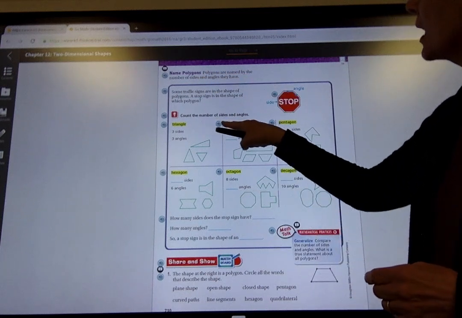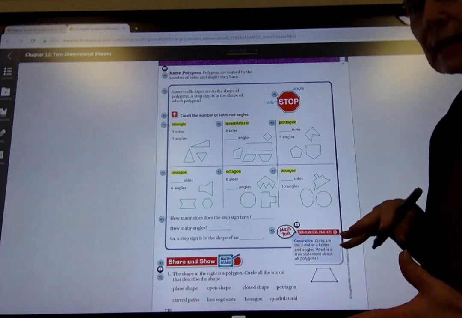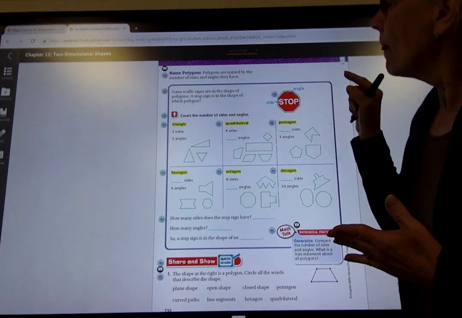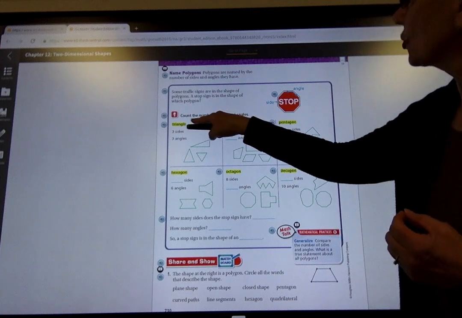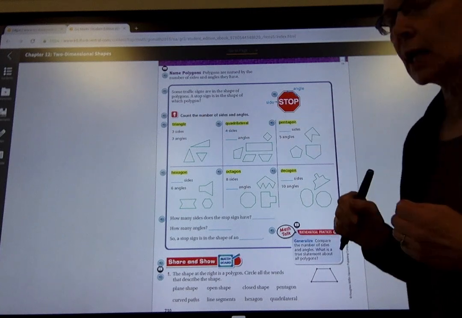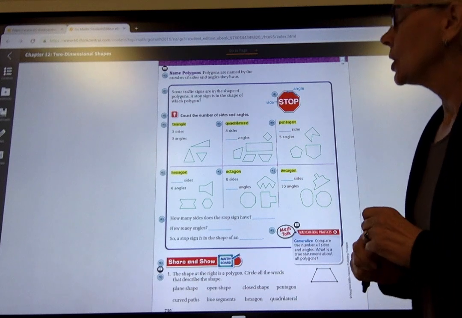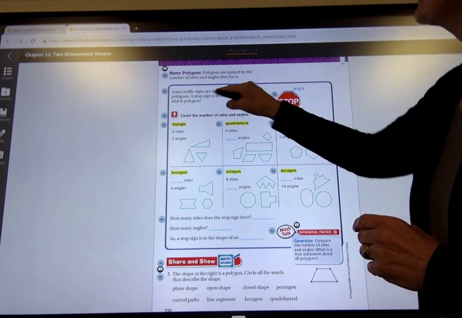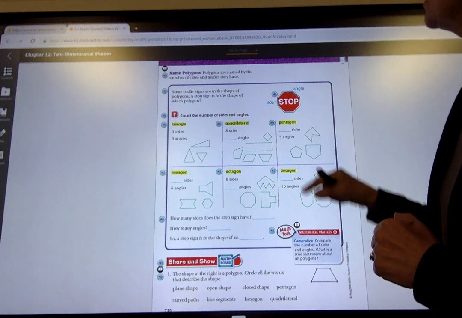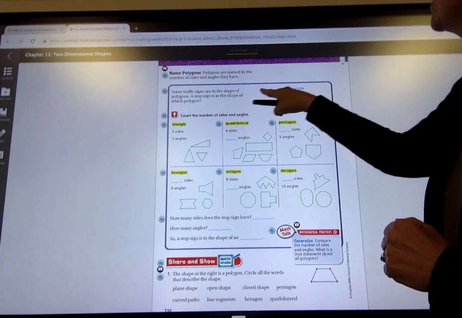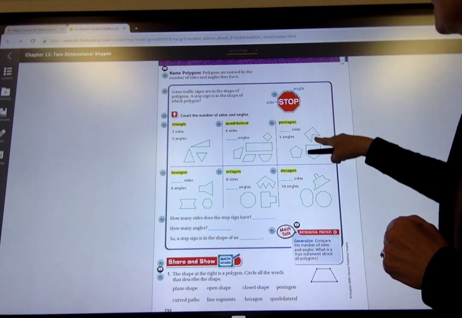You've heard of triangles and pentagons and hexagons and octagons. Well, the hex and the tri and the quad and the pent, that refers to the number of sides. So some traffic signs are in the shape of polygons. A stop sign is in the shape of which one of these?